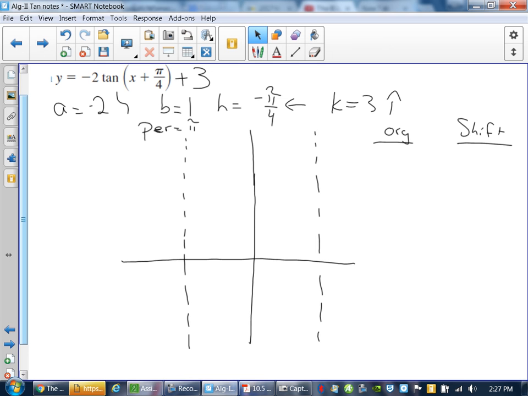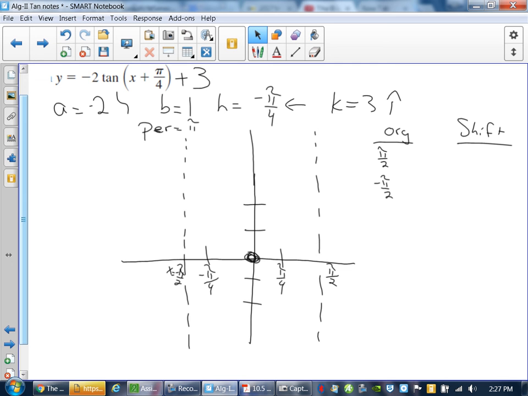Negative pi over 2 and pi over 2, very good. And the original tangent with no vertical shift will always go through 0. And then I'm going to have my breaks at negative pi over 4 and pi over 4.